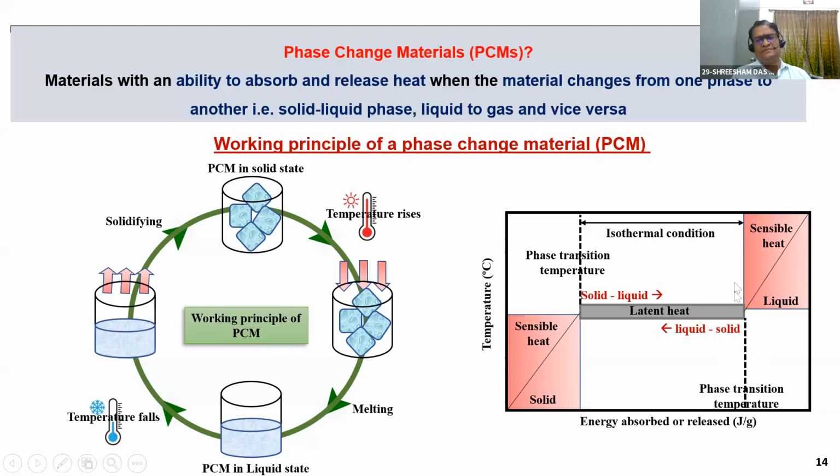This boundary is the isothermal condition where the phase transition happens. At that particular temperature zone, the material converts from solid to liquid and liquid to solid.